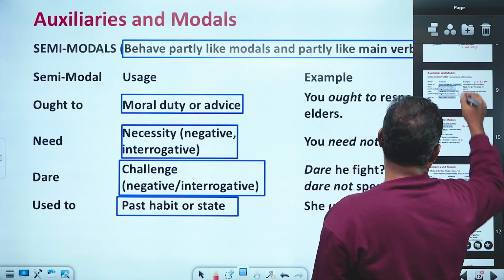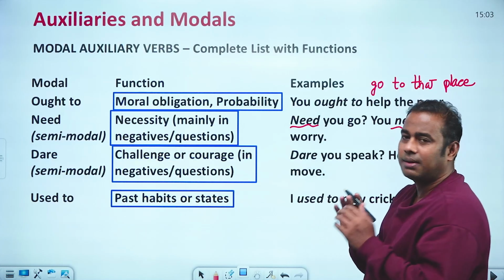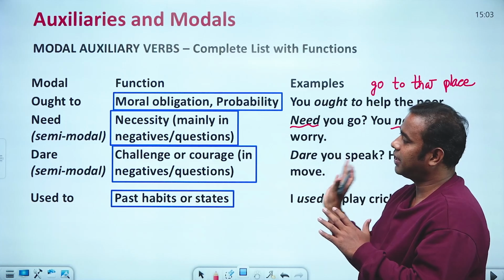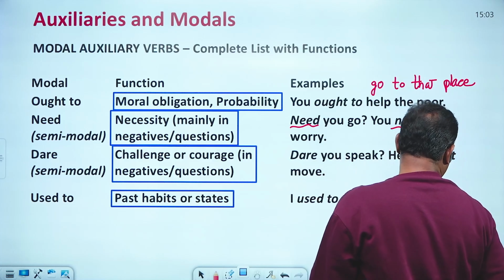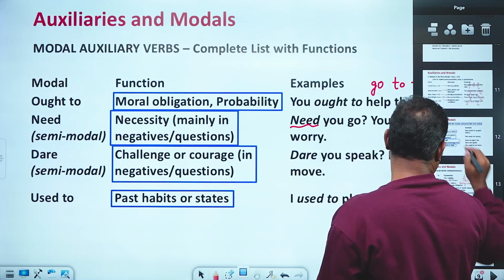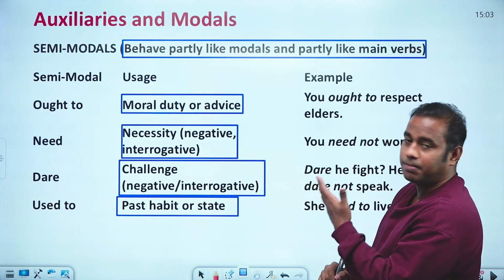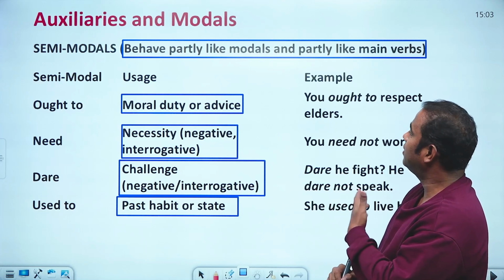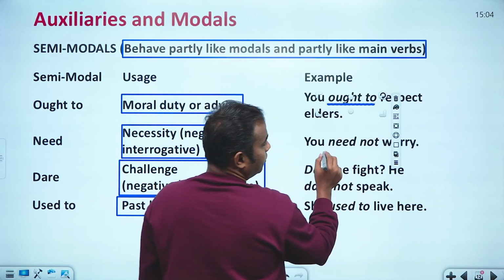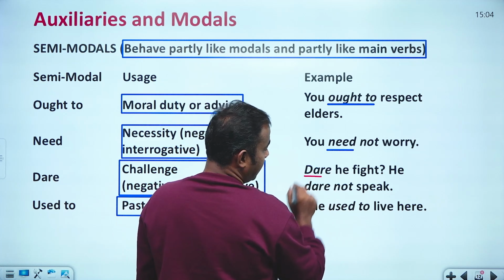Whereas in this other case we are looking at a complete list of basic functions and trying to apply them. But in this case, it behaves like partly a modal and partly a main verb, like: I used to respect. You ought to respect. You need not worry. Dare he fight. This is all the same thing.